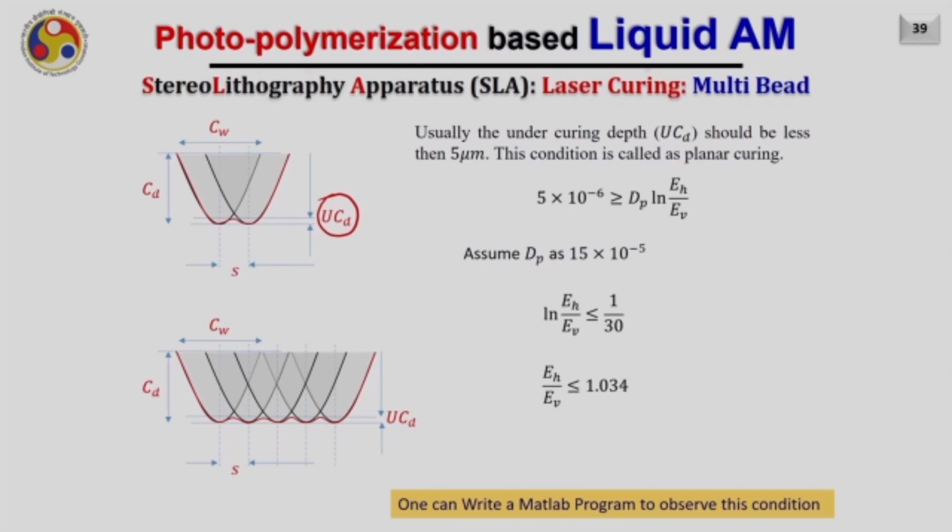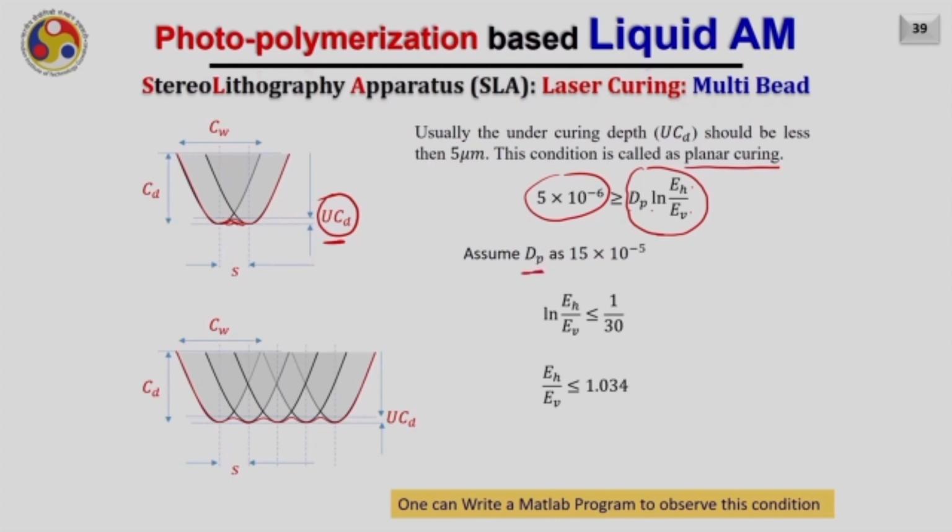If it is less than 5 microns, we usually call the condition planar curing. We have already got the expression for uncuring depth, and it is dp ln EH by EV. This expression should be less than 5 micron. If this depth is less than 5 micron, you will have a better result.